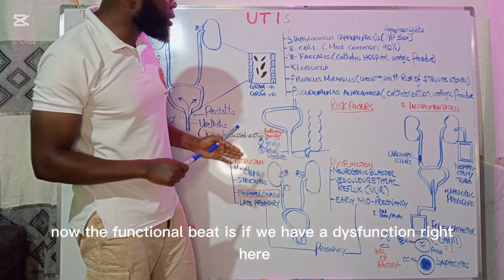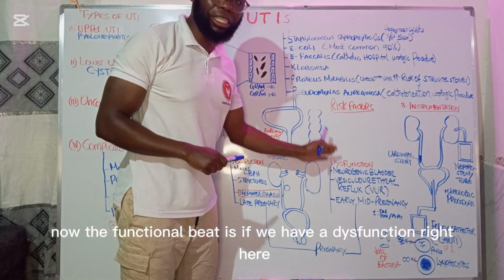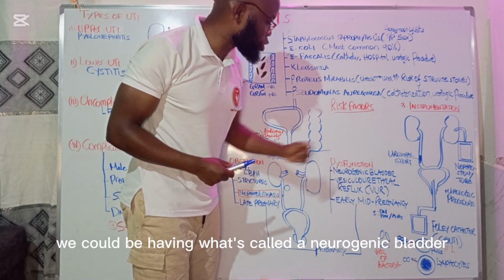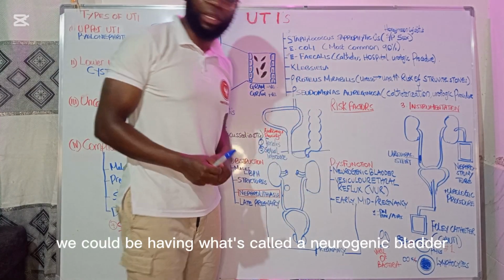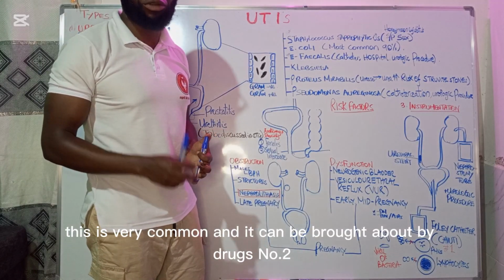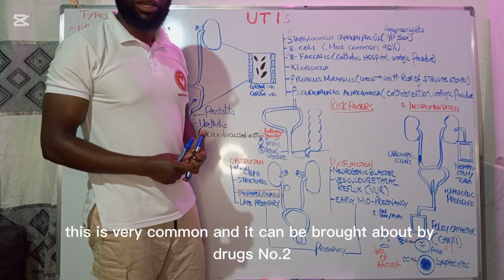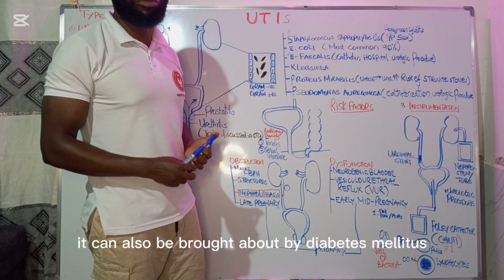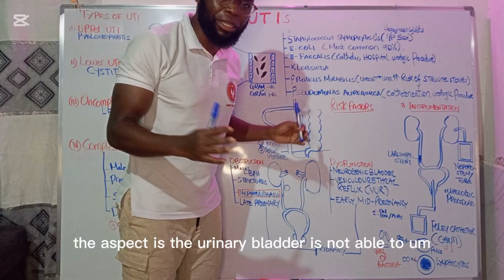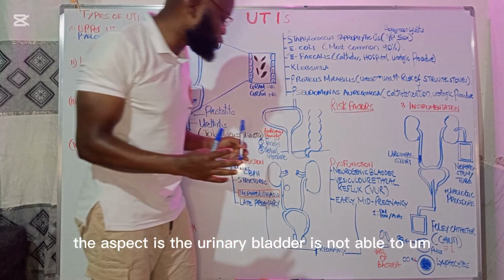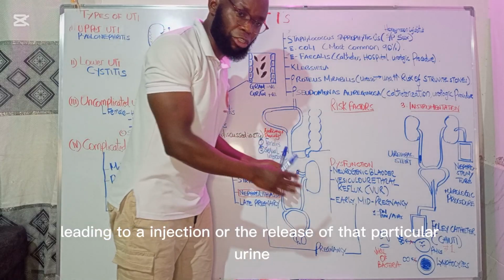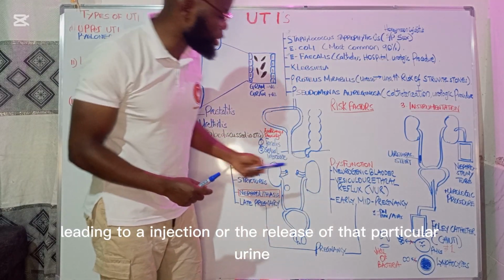Now, the functional bit is if we have a dysfunction right here. Top on the list here, we could be having what's called a neurogenic bladder. This is very common and it can be brought about by drugs. Number two, it can also be brought about by diabetes mellitus. The aspect is the urinary bladder is not able to contract, leading to the release of that particular urine.